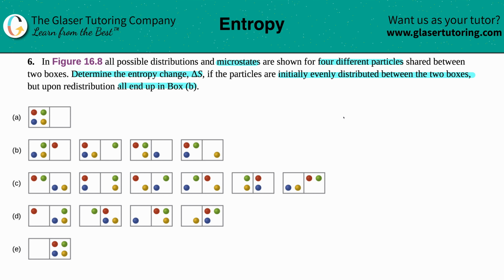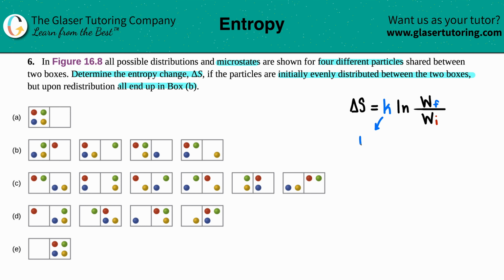When we're talking about microstates and delta S, there's only one formula, and that's the formula right here. It's delta S equals K ln of WF divided by WI. We're trying to solve for delta S, the entropy change. K is a constant, the Boltzmann constant, so thank goodness for that.